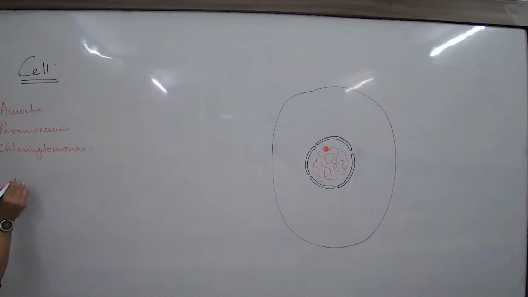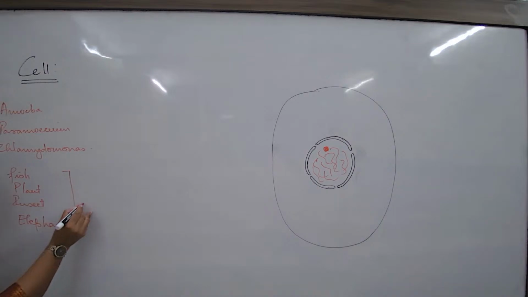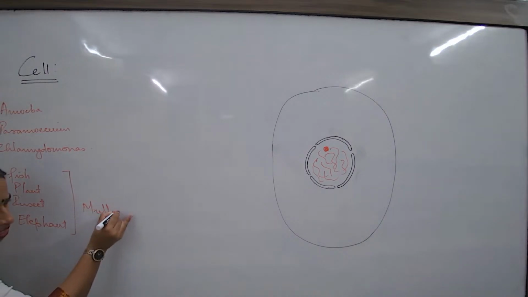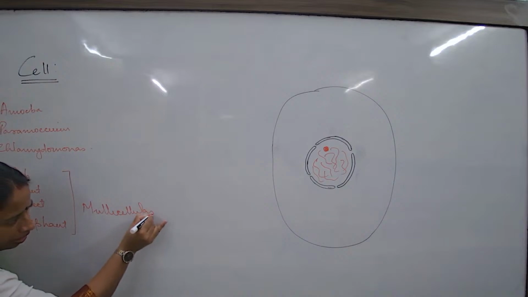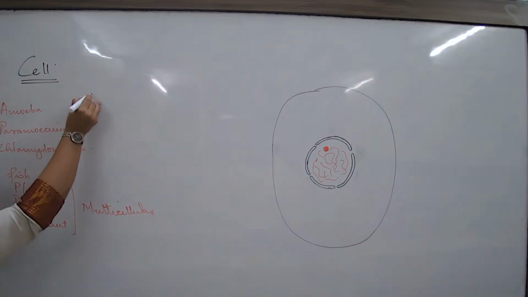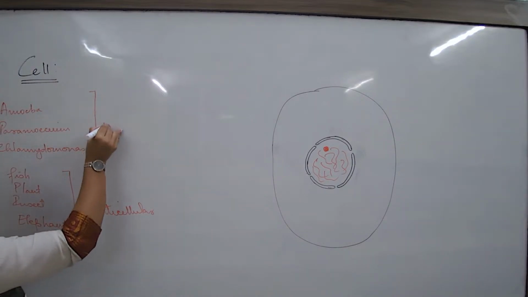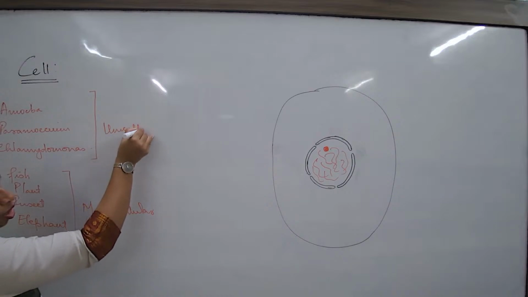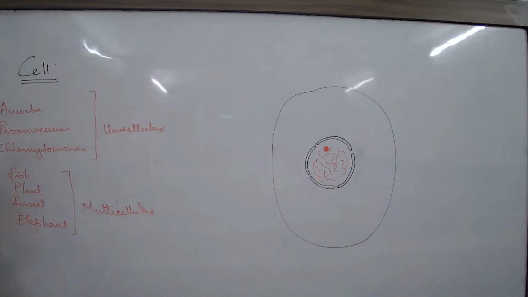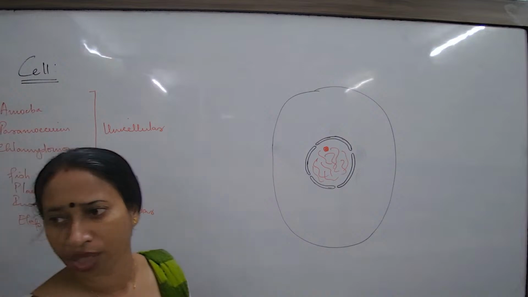Based on that I can group them. But if I am talking about a fish, a plant, an insect, and an elephant, what is common in each of them? They are multicellular. These are multicellular, and what about this? They are unicellular. So then what is the difference between a unicellular and a multicellular organism?